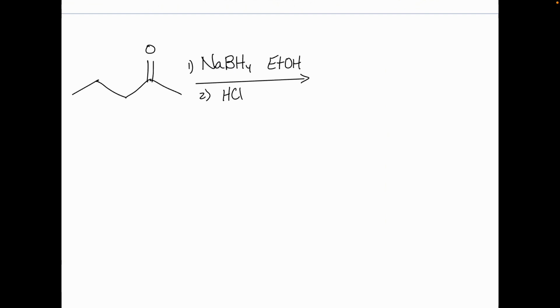All right, so we can count carbons. We're going to have the same number of carbons on both sides. This is not a reaction that creates any new carbon-carbon bonds. But I'm going to reduce this ketone functional group. I'm going to get rid of a carbon-oxygen bond, leaving me with just a secondary alcohol. All right, so these are the exact opposite of the oxidation reactions that we learned about. We're just going the other direction now.